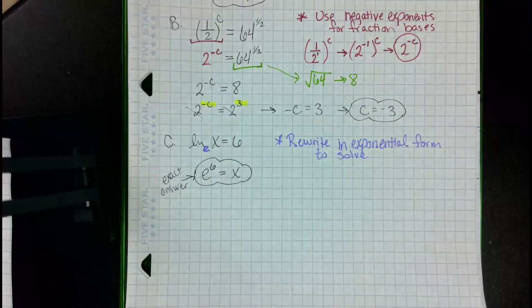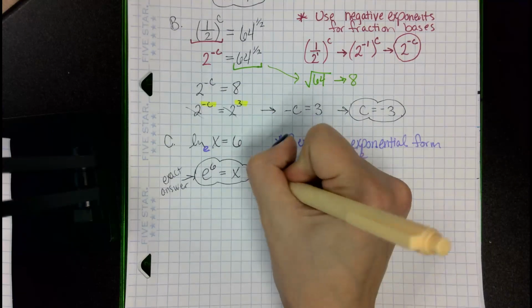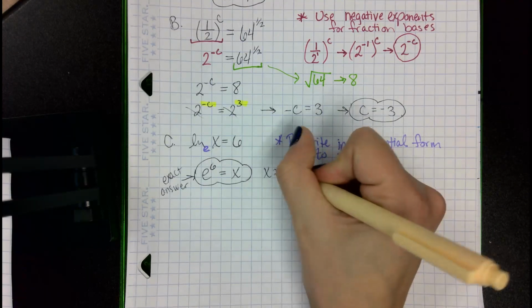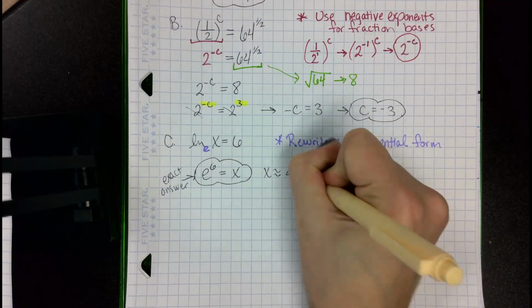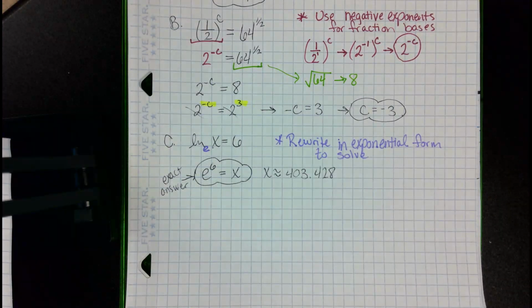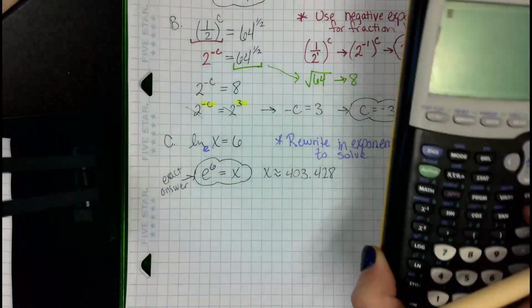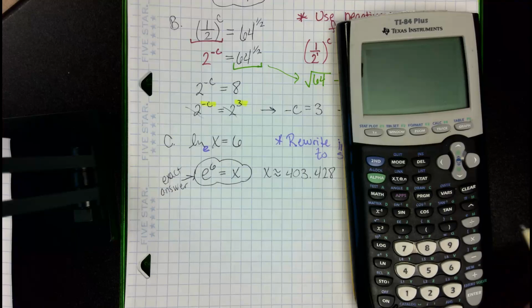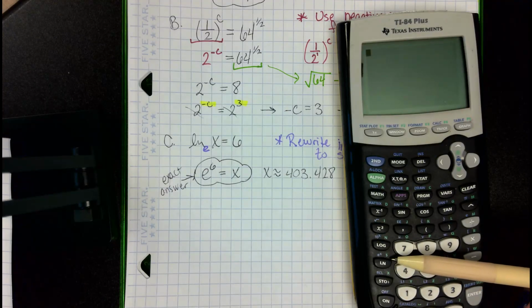Now we can approximate x to find out that x is approximately 403.428 by using a calculator with the log function. And you'd have to make sure you're using the correct e. So the ln button is right there next to 4.